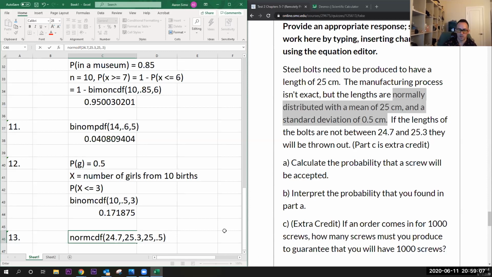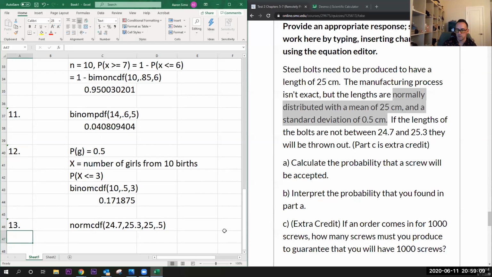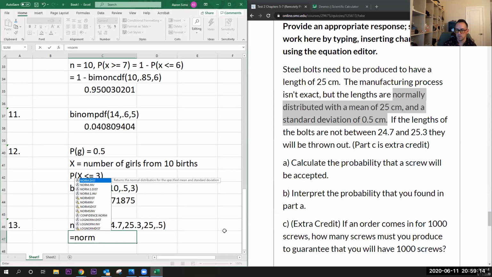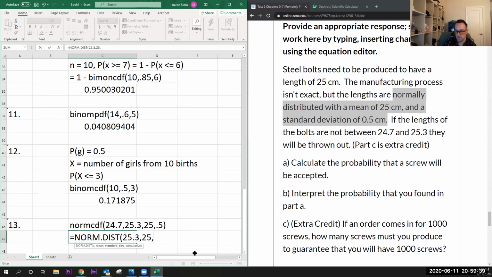What do you guys think? Is that how you would do it? Normal distribution. Let's see how this works. X, mean, standard deviation, cumulative. Norm.dist does not work so well here. On Excel, you're kind of screwed. You have to do 25.3, comma, mean, standard deviation, cumulative.